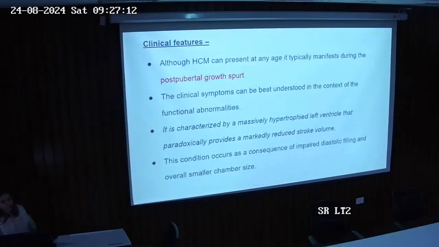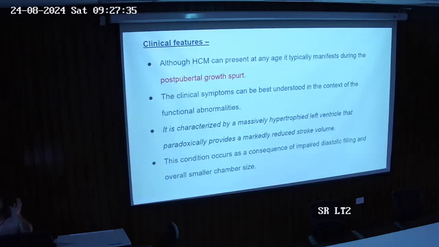What are the clinical features? As I told you, it affects young people, okay? It affects people who are attaining post-pubertal growth spurt. It is characterized by a massively hypertrophied left ventricle, which paradoxically provides a markedly reduced stroke volume.